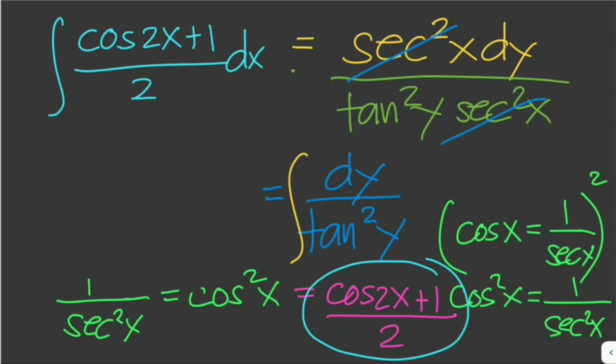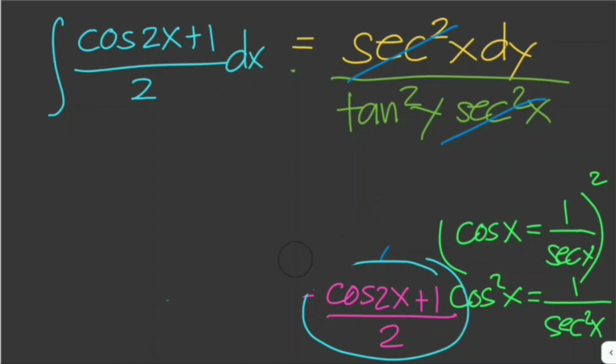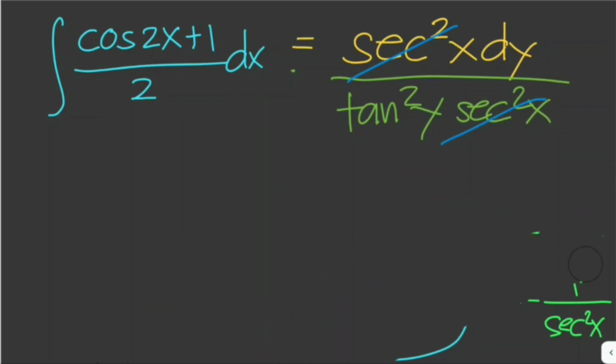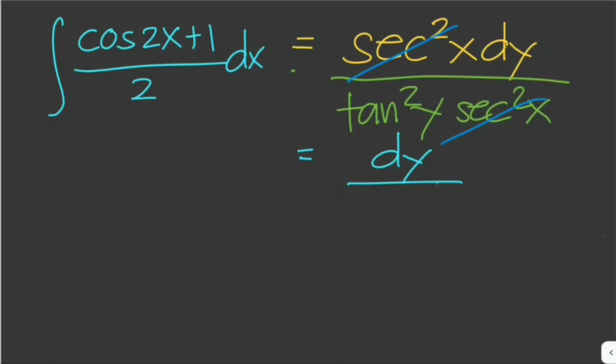And now let's take a look at the right hand side of the equation. So we have here dy over tangent squared y. We cannot integrate 1 over tangent squared y directly, so we need to use the trigonometric identities again to rewrite 1 over tangent squared y.